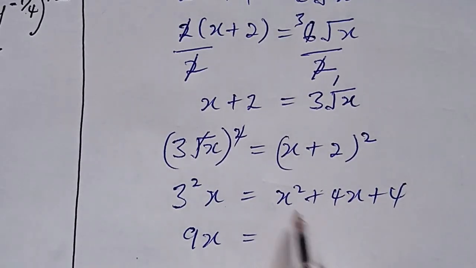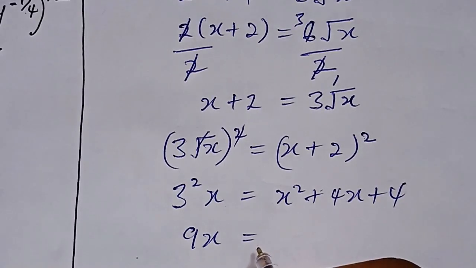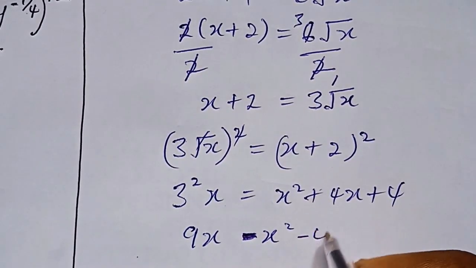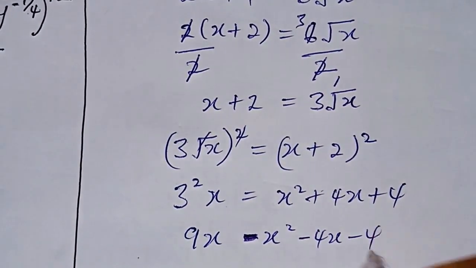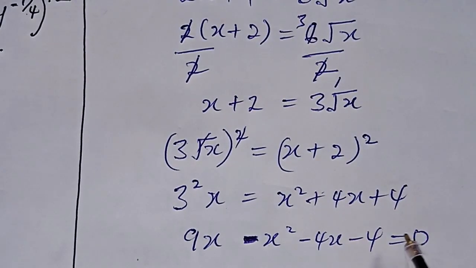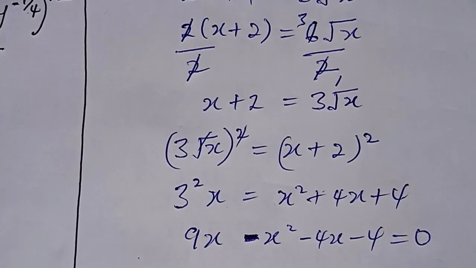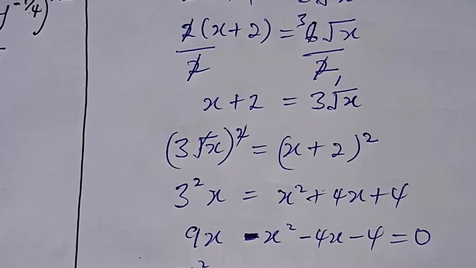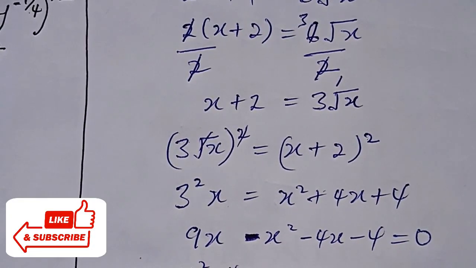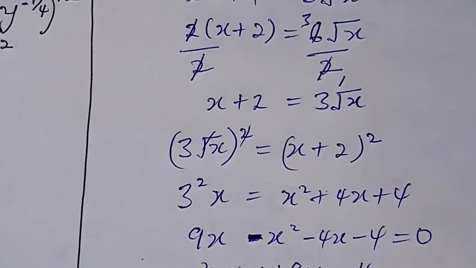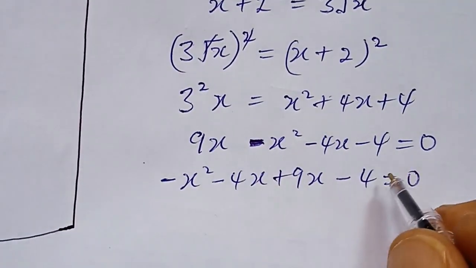When we move the whole of this to the left hand side, we have minus x squared minus 4x minus 4, all this equal to 0. So we can rearrange this as minus x squared minus 4x plus 9x minus 4 equal to 0.